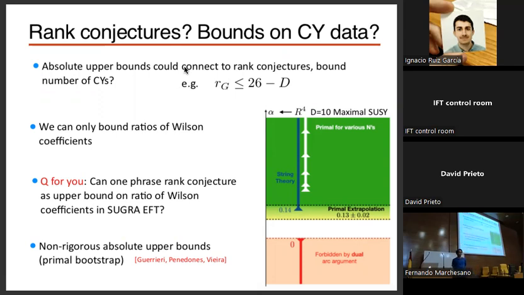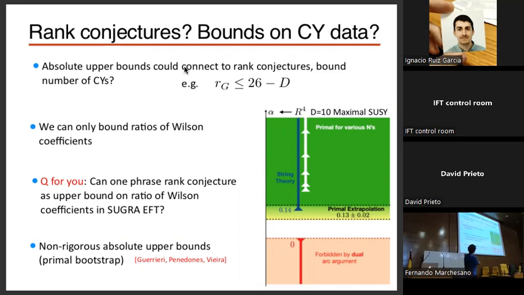If you can tell me that the Gauss-Bonnet number of Calabi-Yau always shows up as the ratio of these two Wilson coefficients, maybe of some protected operators in some EFT that extends supergravity, then we might be able to make some progress. Otherwise, we won't be able to, at least today, because we cannot put rigorous absolute upper bounds on Wilson coefficients.